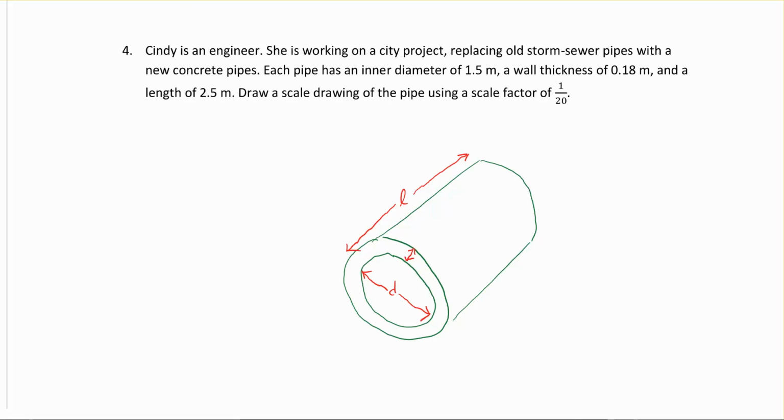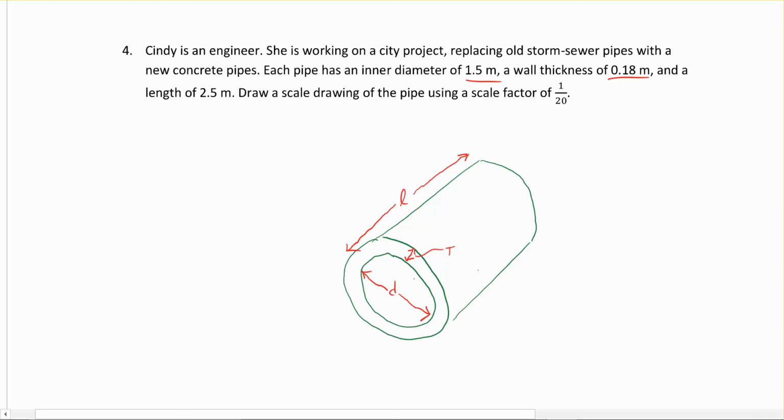Okay, so all you really need to do here is pretty much everything we've done so far. So it says it has an inner diameter of 1.5 meters, thickness of 0.18, so that'd be that one, right? That's the thickness. I'll put like a T there, and a length of 2.5 meters, so that's up here, and draw a scale diagram.